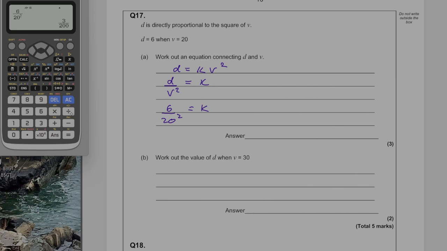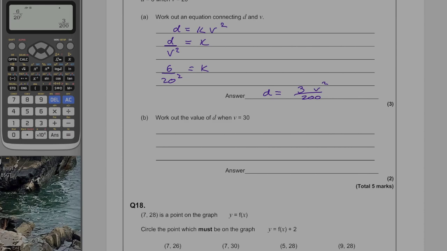So that means our equation is D is equal to, I'll leave it as a fraction, 3 V squared over 200. Can't go decimal there, I think that'd be 0.015, yeah. Work out the value of D when V is equal to 30.